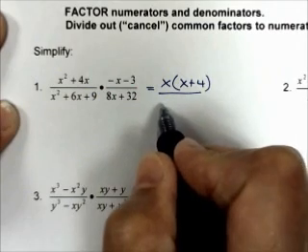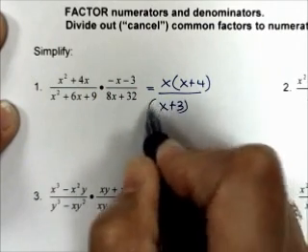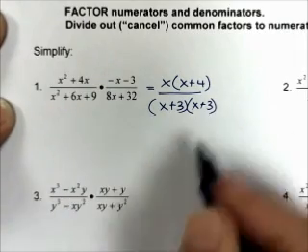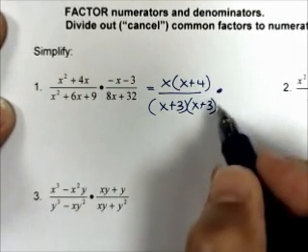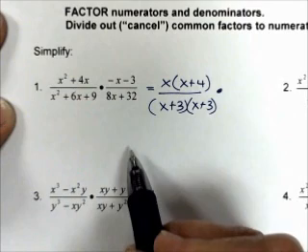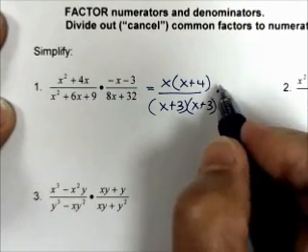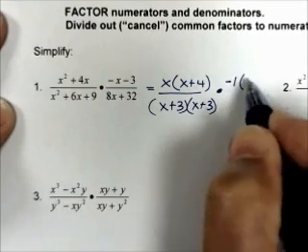Denominator, factors of 9 that add to 6, 3 and 3. We have the operation of multiplication. Make sure you write that. Negative x minus 3. I'm thinking maybe I want to factor out a negative 1 there. See what happens when we do that.